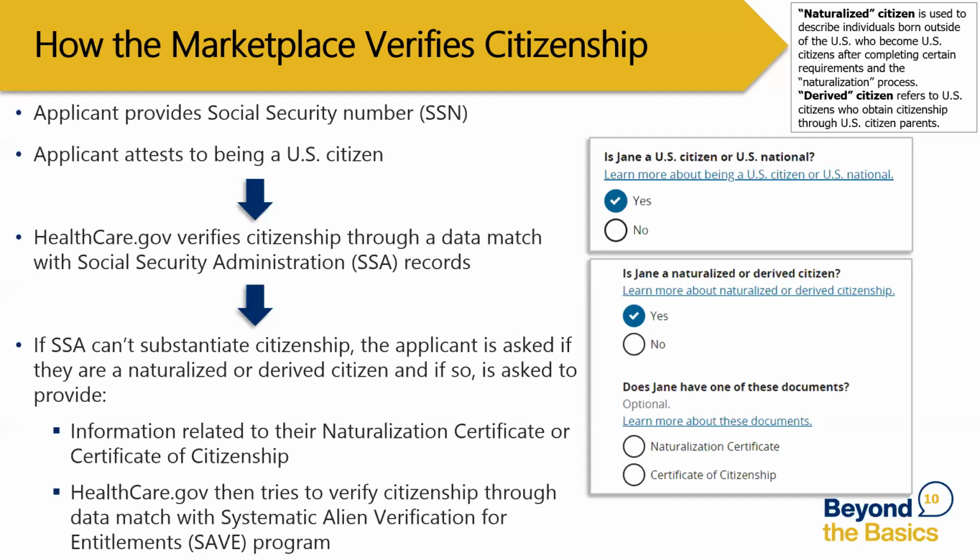Oftentimes people had one immigration status, like lawful permanent resident, for example, when they got their Social Security number, and the Social Security Administration is really not set up to say, come back now and verify when you change your citizenship. So that's one of those data constraints that I talked about beforehand that could happen.